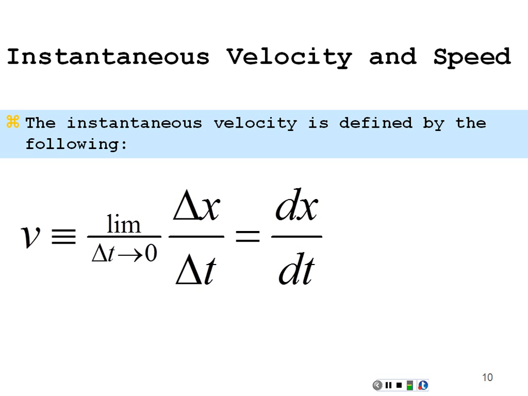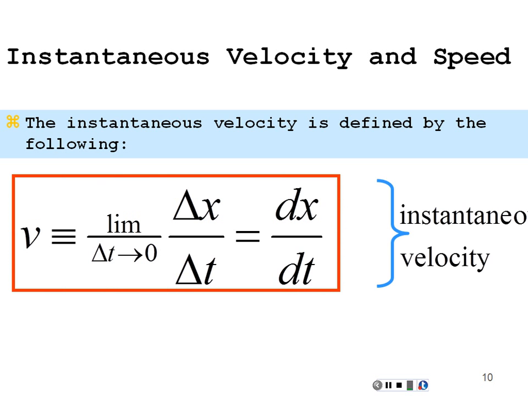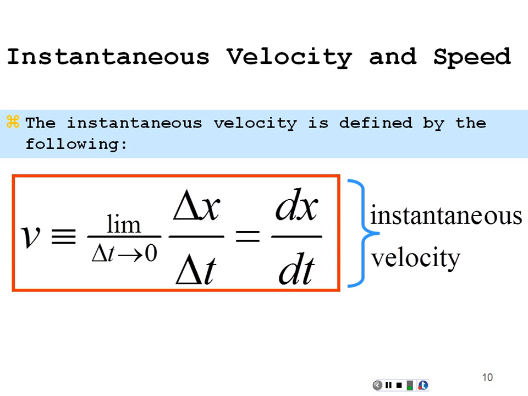So dx/dt is my instantaneous velocity. I could look at this in terms of calculus. That means the derivative of my position as a function of time is my velocity.